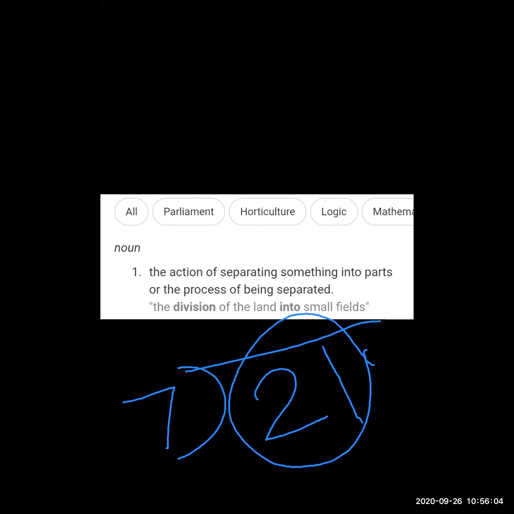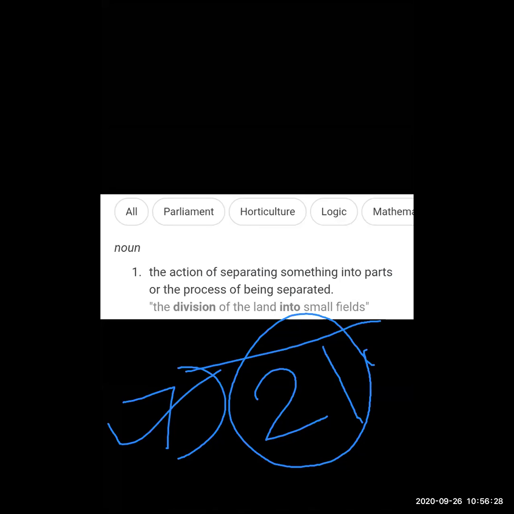Like this, in division also, each number has a separate name. So 21 is what? It's the dividend. Very good. And 7 is what? 7 is the divisor. So 21 divided by 7.